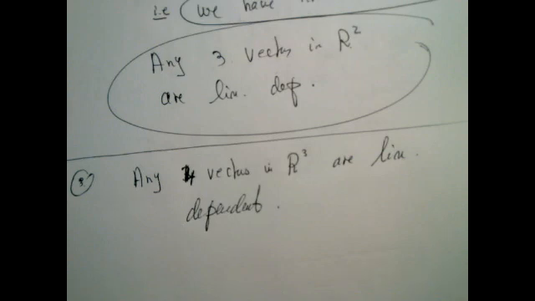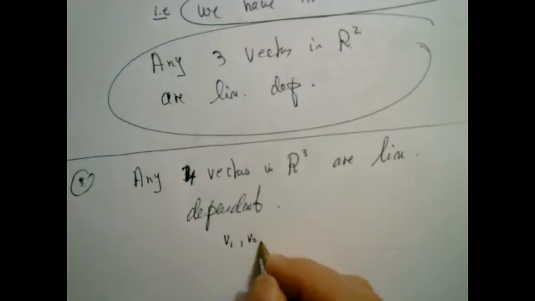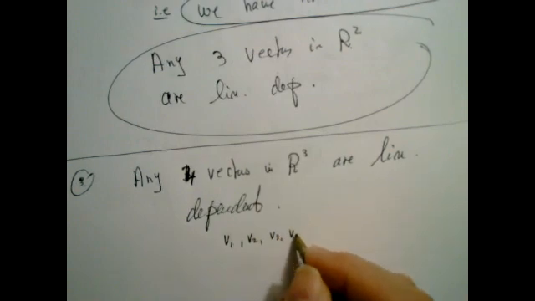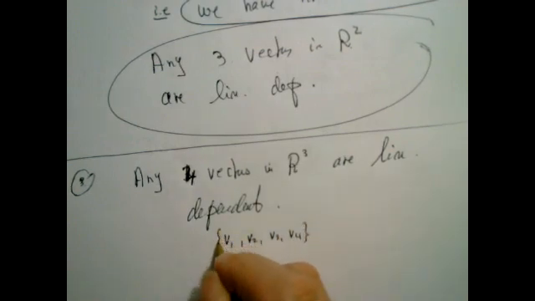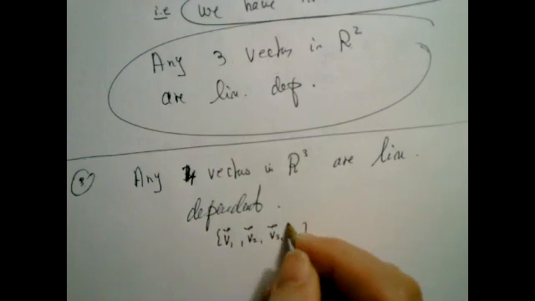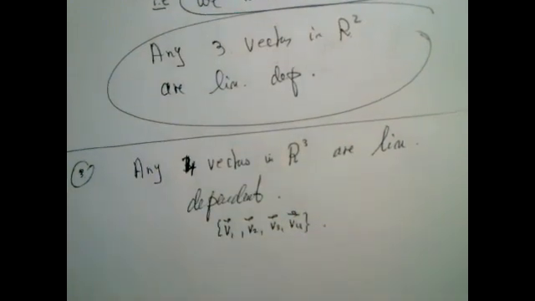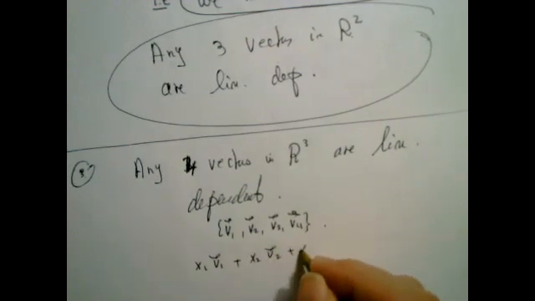4 vectors in R3. So I have 4 vectors, V1, V2, V3, V4 in R3. Are they linearly dependent? Again, algebraically, if we try to solve the system, can I find a non-zero solution?